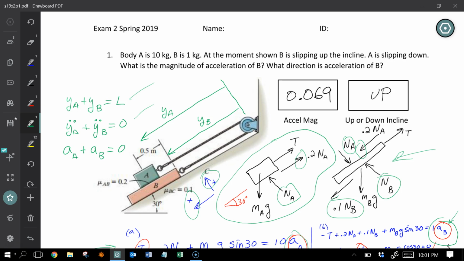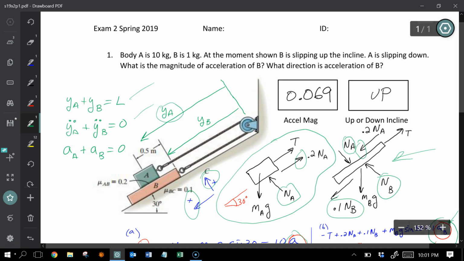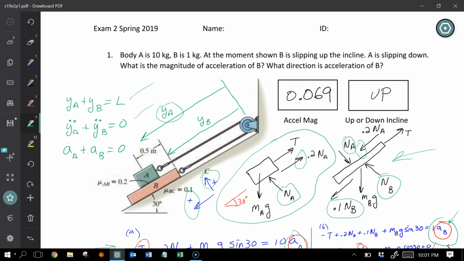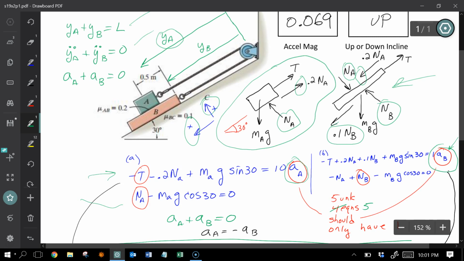If you look at the picture, if YA gets bigger, it's going down the incline, and down the incline is called the positive acceleration of A, right here. So that was down the incline. I assumed it was going down.